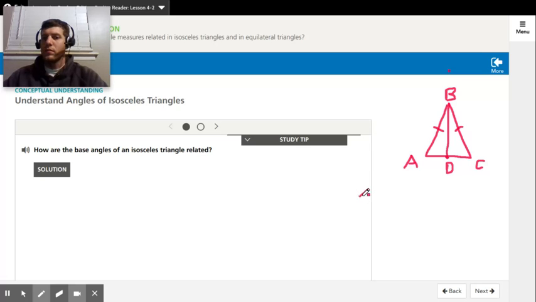So triangle ABD. Again, reflections are a rigid transformation, so the pre-image and the image would be congruent.